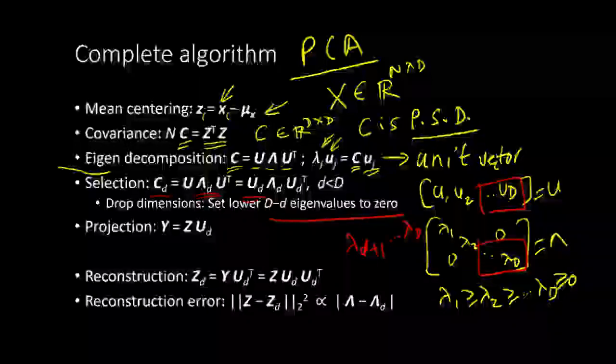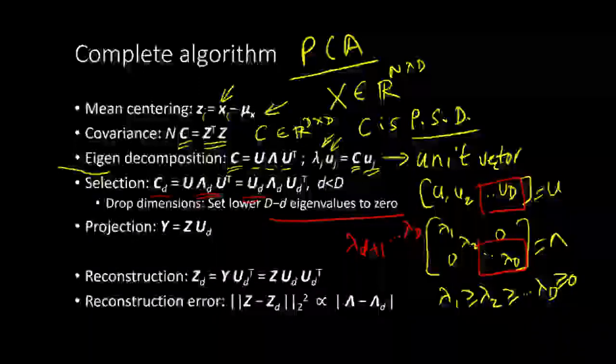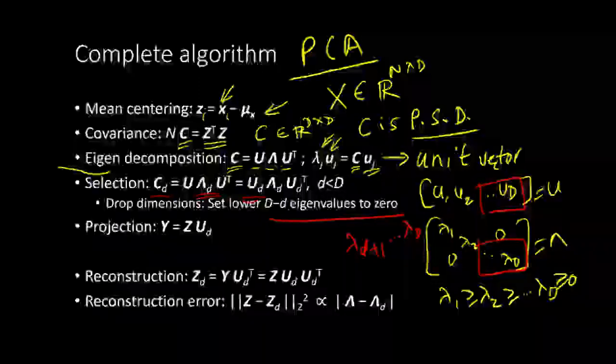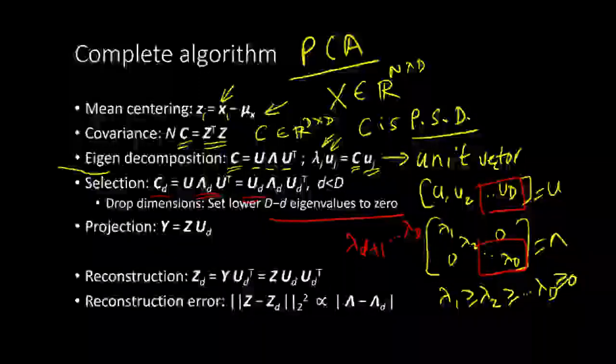We take the data matrix Z and we multiply it with UD, where basically these are the first small d eigenvectors. So what are the dimensions here? Your y is of dimension n cross small d. Z is of dimension n cross capital D, and UD is of dimension capital D cross small d.